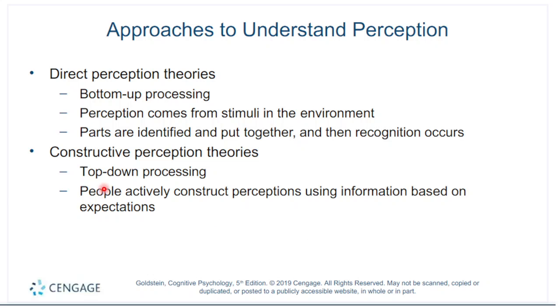So, that's top-down processing, na meron ka ng expectations or meron ka ng prior information about it, and you're using it in order to see and understand the situation better.